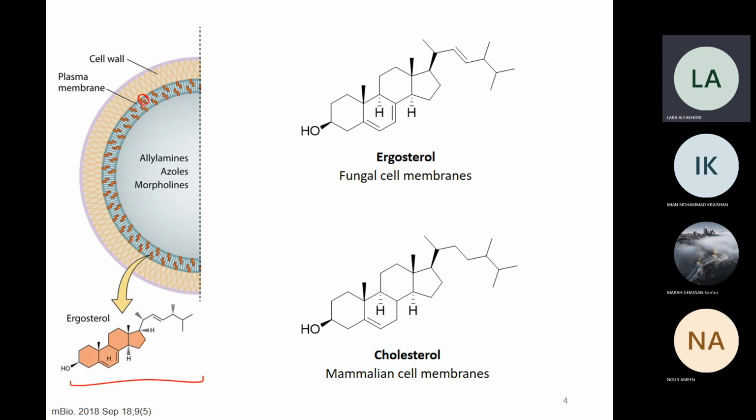Just one double bond, the variation between them? Yes. There are two double bonds in the structure of ergosterol that make it different from cholesterol. This is very important for the selectivity of polyenes to ergosterol versus that of cholesterol.